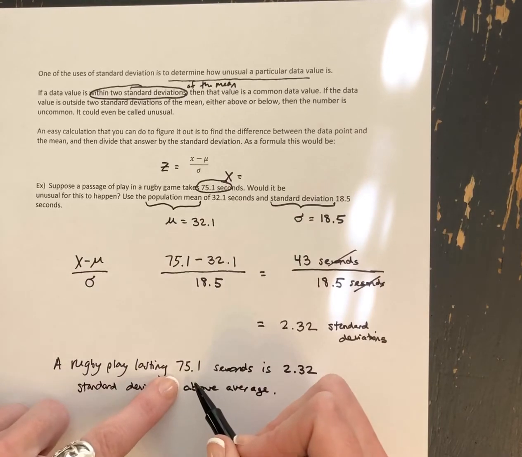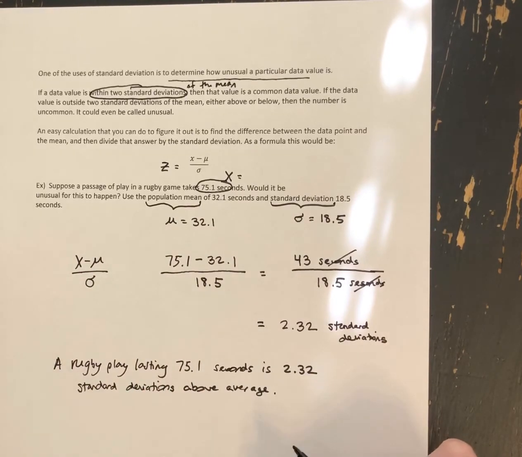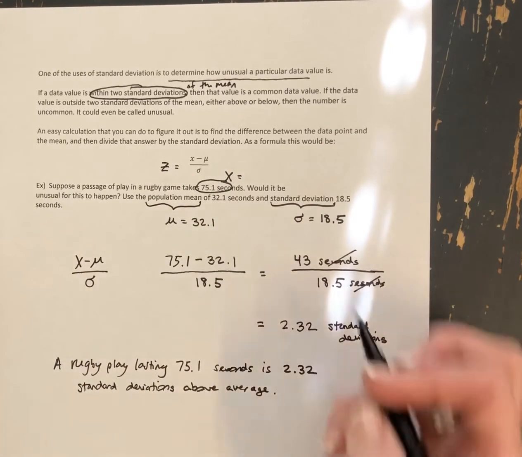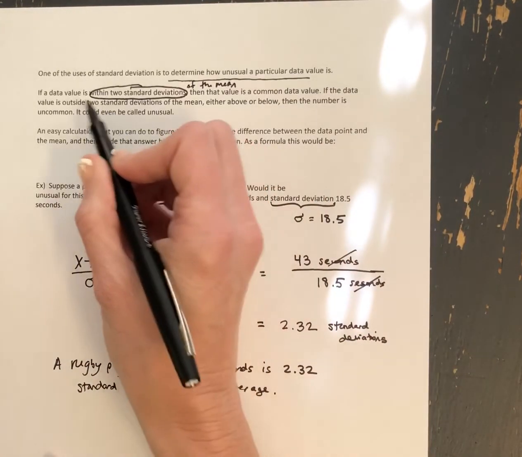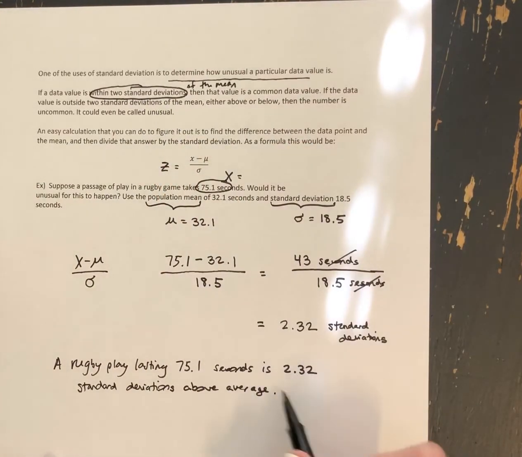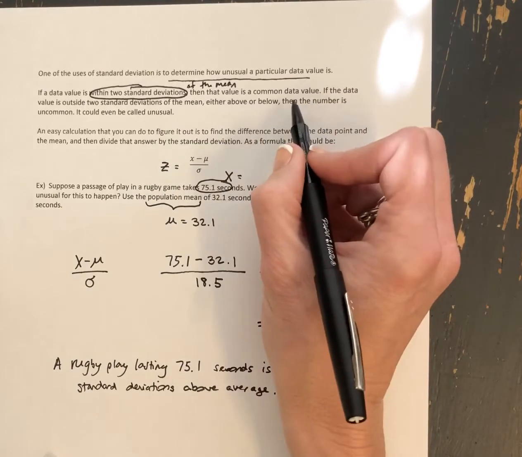And so if we were trying to determine if that's unusual, remember what we said above: if an x value is within 2 standard deviations, so if this score was like a 1.32 instead, then it's fairly common.